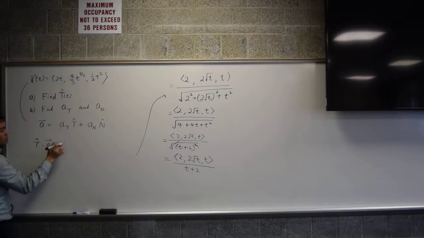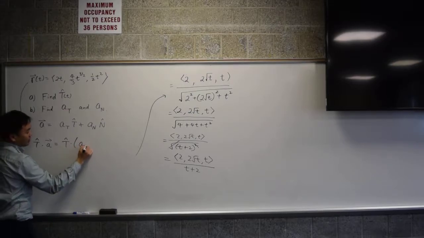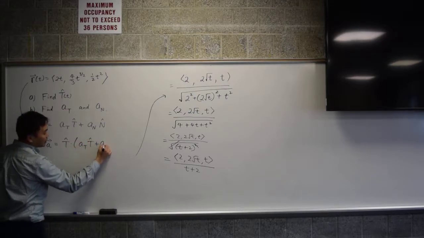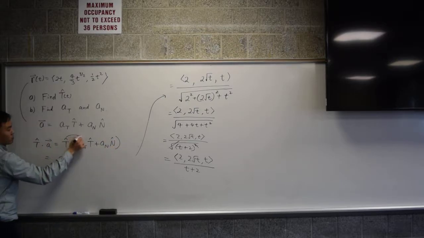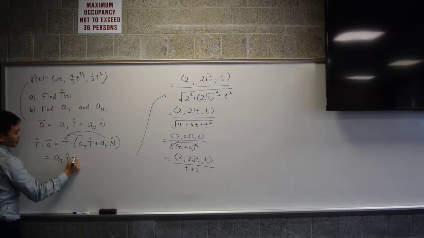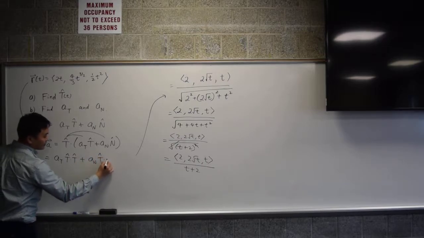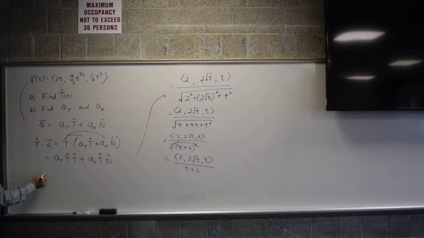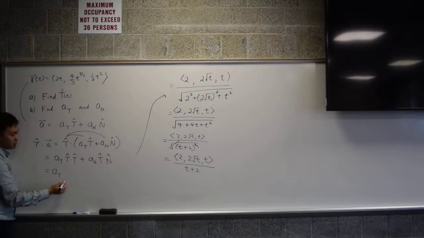Since the acceleration vector is this thing, we can rewrite it as AT T plus AN N. Then we use the distributive property, which gives you AT T dot T plus AN T dot N. Okay. Then we can use the property that if you have V dot V, any vector with itself, what's that the same as?